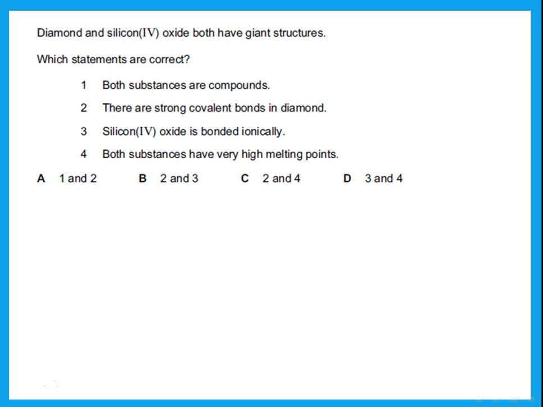So when it says both are compounds, that is wrong, diamond is not a compound. Now, there are strong covalent bonds in diamond. Yes, of course there are. Silicon oxide is bonded ionically. Did we say it's an ionic compound? No. Both substances have very high melting points. Yes, because both are giant. So that means 2 and 4 are the correct statements.